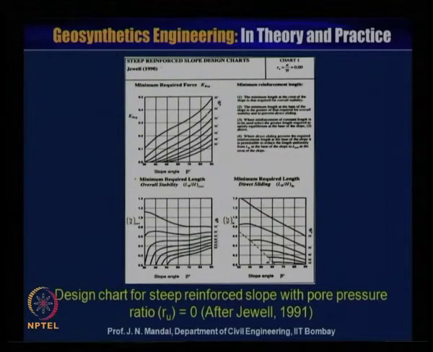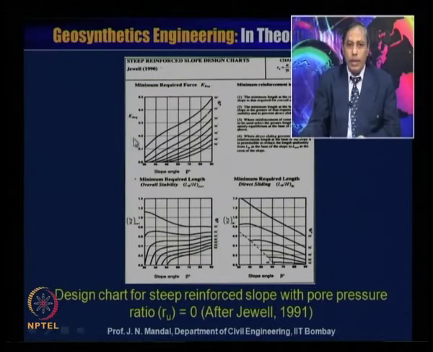This is the steep reinforced slope design chart, and this chart gives the minimum required force Kr which you have to determine. Knowing the value of beta and phi, you can determine K required.